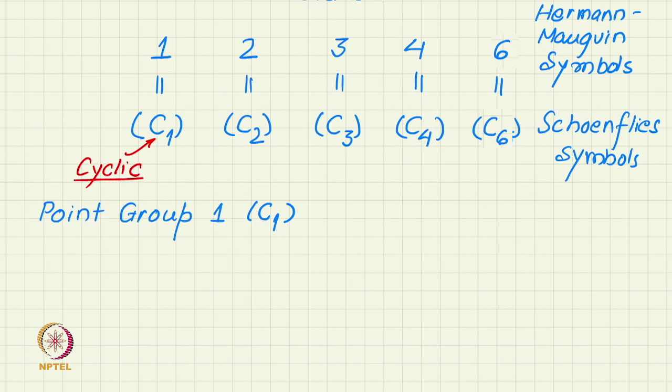So, these are cyclic point groups. Now, let us look at point group 1. Point group 1 means a one-fold axis. So, let us develop this stereogram.